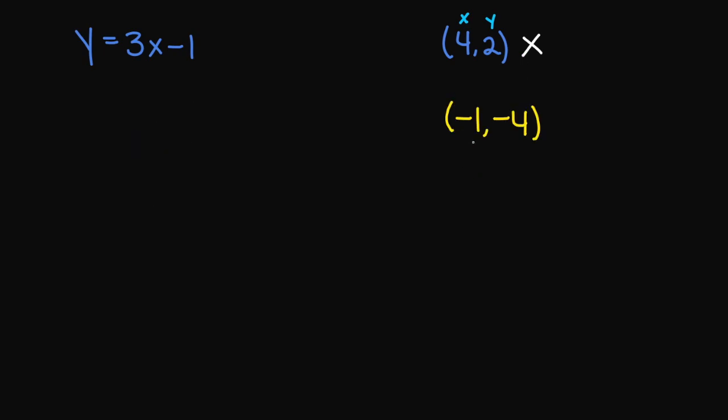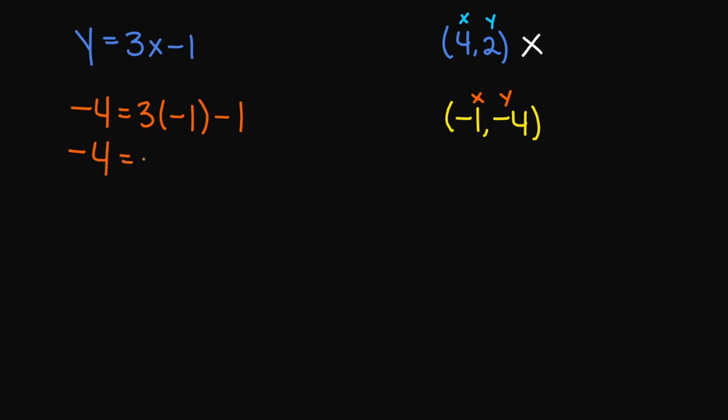Let's look at the next ordered pair. We have (-1, -4). So I'm going to label our x and y here. And now we're going to plug in our numbers. So my y is -4 equals 3 times x, which is -1, minus 1. On my left side, you have -4 equals 3 times -1.